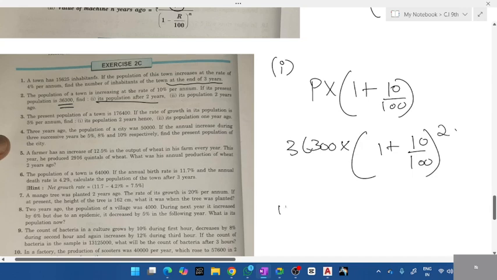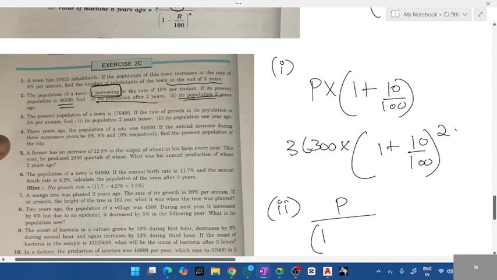Now tell me for the second one. Read the second one. Its population 2 years ago. So what's the formula for ago? Ago is future or past? Do you divide or multiply? So what's the formula? P into 1. Is it plus or minus? See, increasing or decreasing?